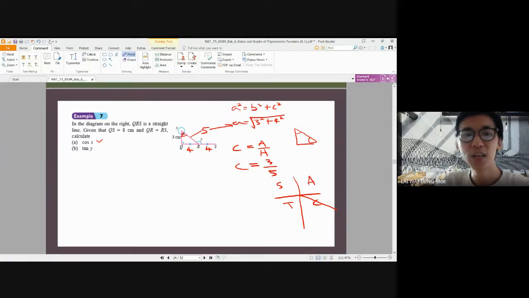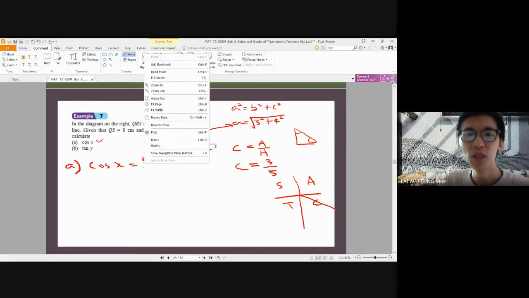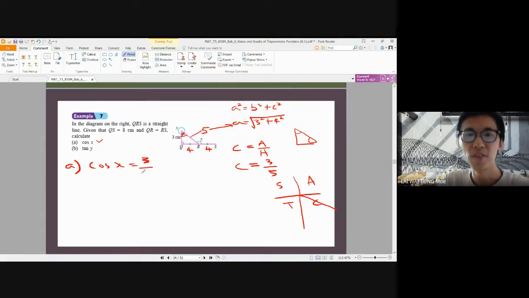And then the question asks you to find out the cos x. So you write this answer for A, cos x, because we already found out the alpha for this one is 3 over 5. And since this angle x is in the fourth quadrant and cos is positive, we will write cos x equals 3 over 5.